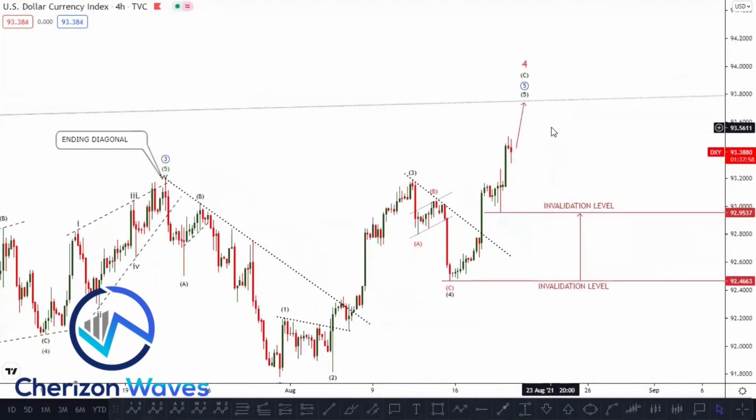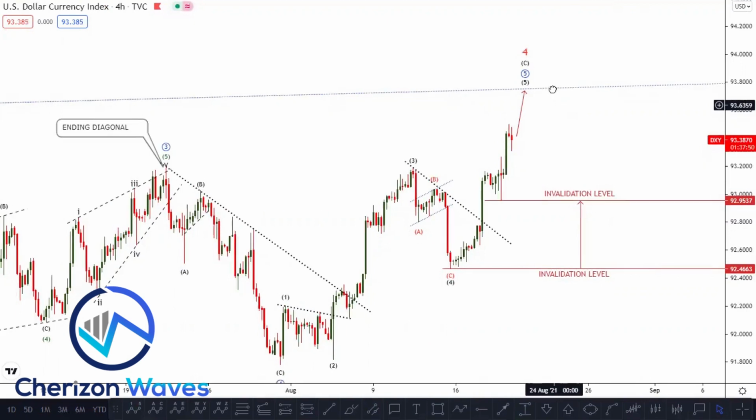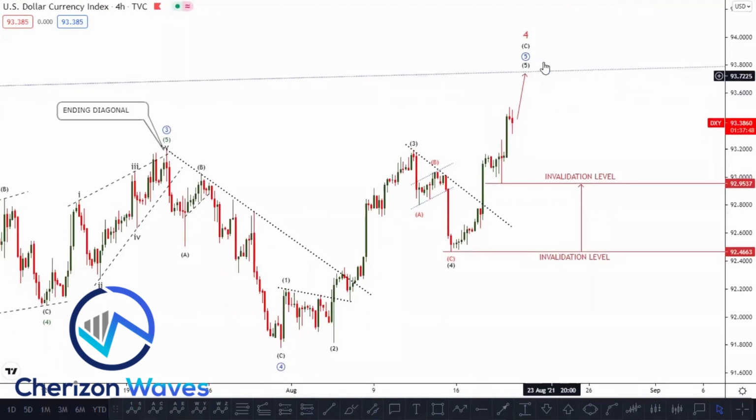Now, something to note is this pair moves in line with USDCHF, but moves against EURUSD. And that's why when we look at EURUSD, we have a range of maybe 50 pips to the target. And similar to this DXY, we have barely 50 pips to the target before we resume a bearish move.